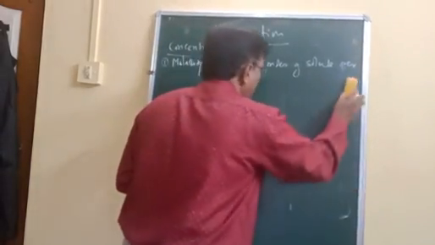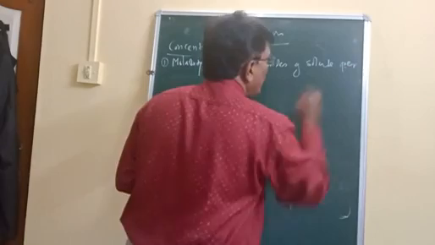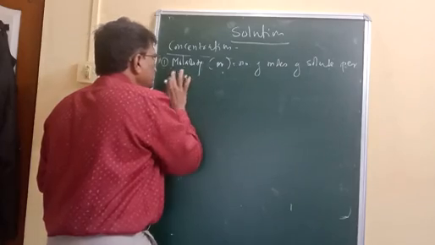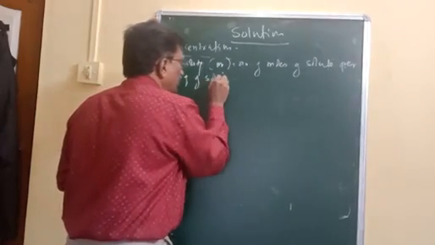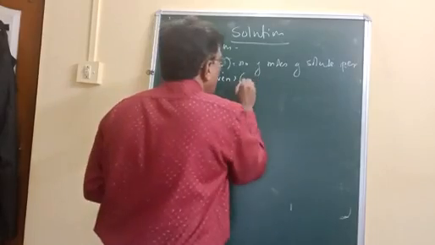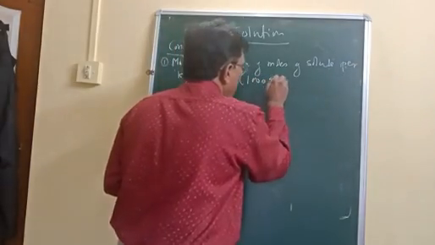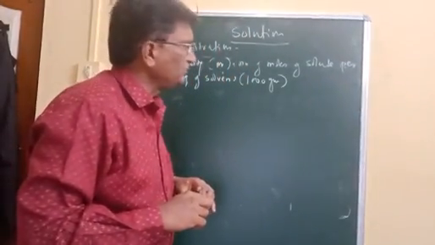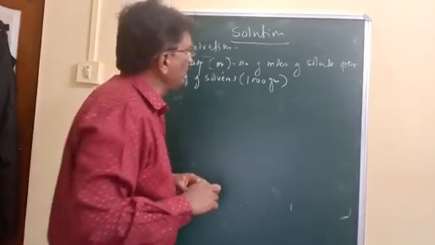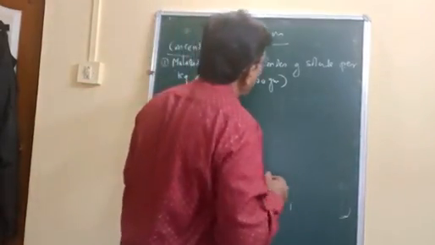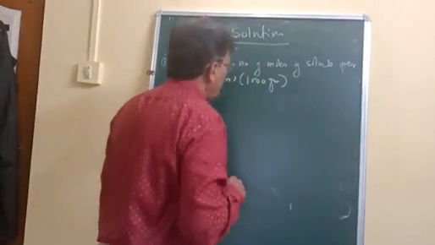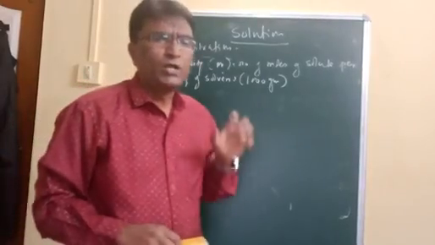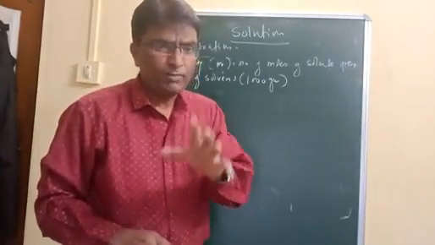Now it can be defined as number of moles of solute per kg of solvent, or per 1000 gram of solvent. Or you may simply define this as number of moles of solute present in 1000 gram of solvent or 1 kilogram of solvent.